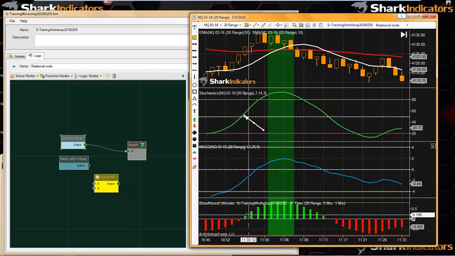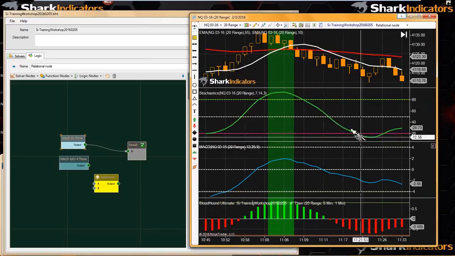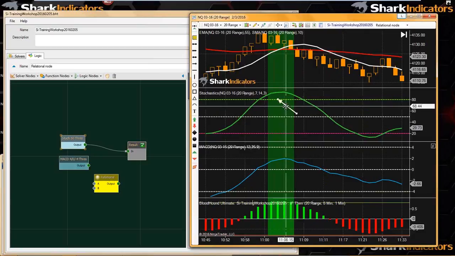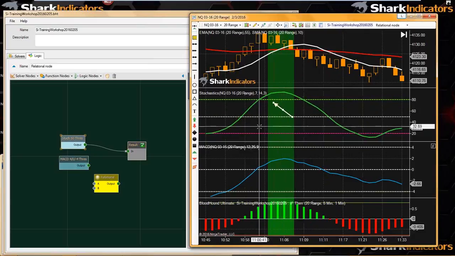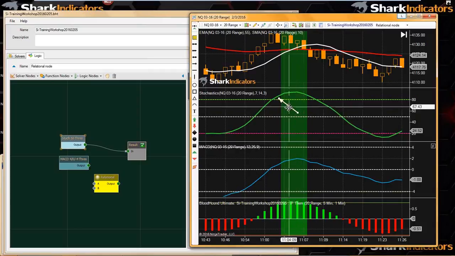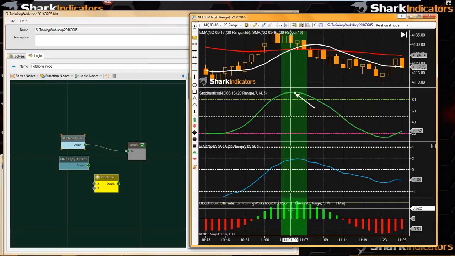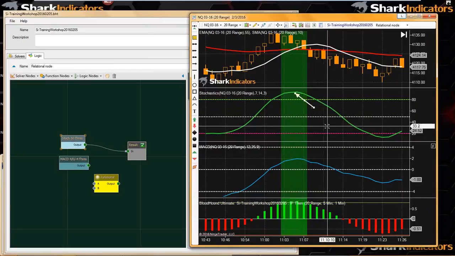And basically the output of that solver rises and falls as the stochastic rises and falls. So the closer the stochastic gets to 100, the greater the output is going to be.